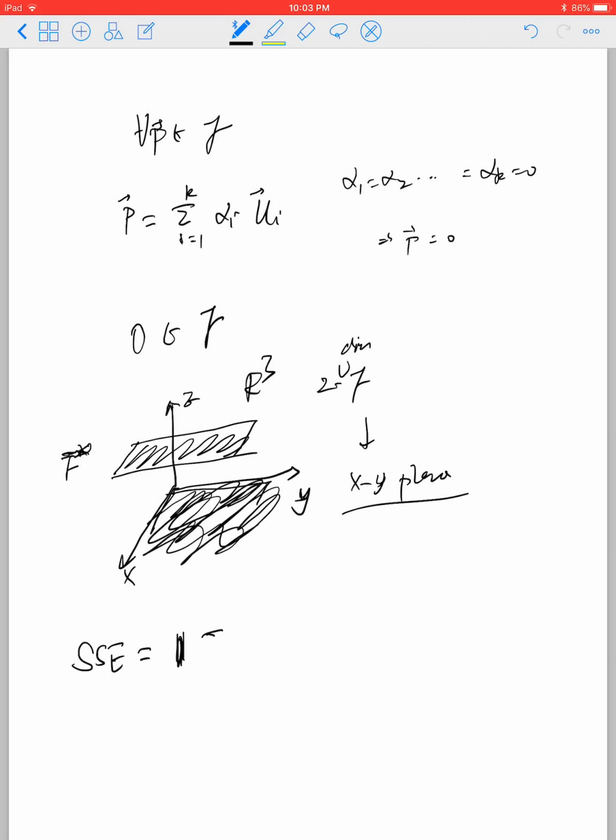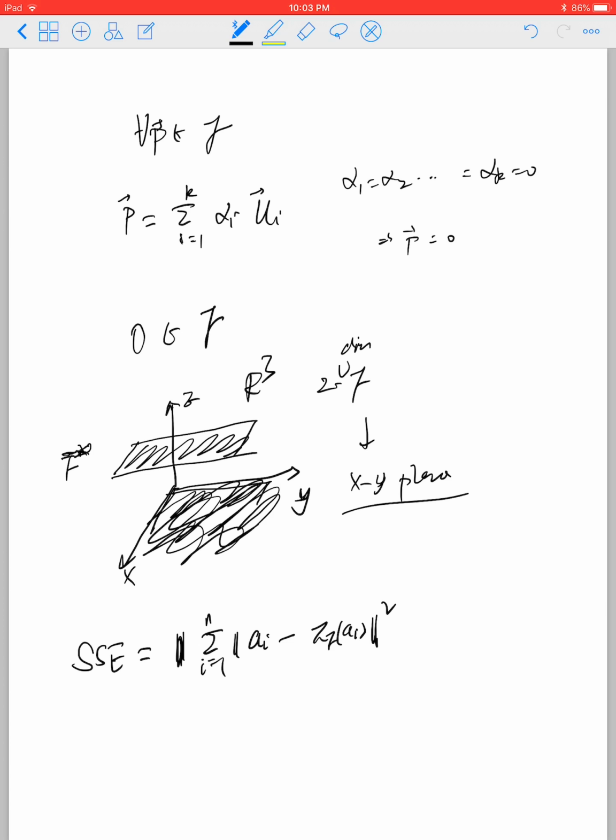That is here: the square norm of the difference between A_i and the projection of A_i onto F, right? How can we do that?